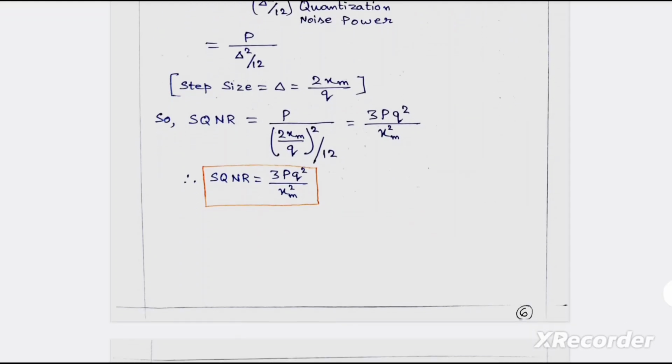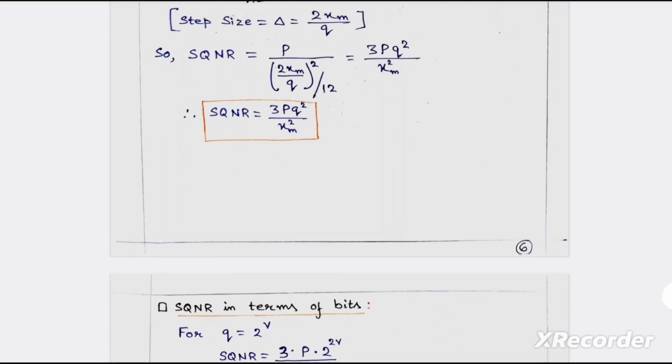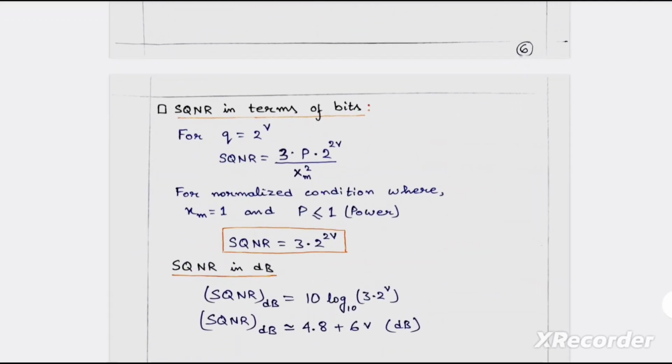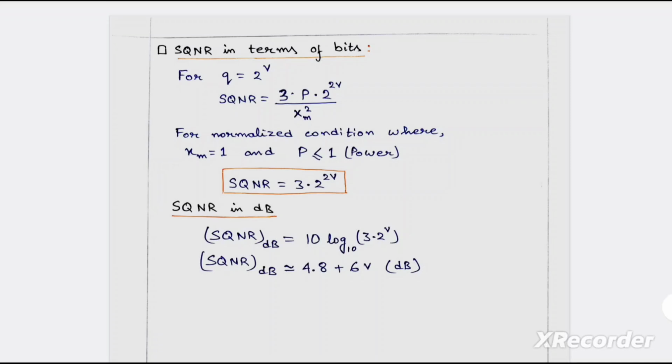Now SQNR becomes P upon twice xm divided by q whole square, whole divided by 12, which simplifies to 3Pq square upon xm square. Now if we see the SQNR in terms of bits, the derivation is: q equals 2 to the power v, and from that value SQNR becomes 3 into P into 2 to the power 2v upon xm square.